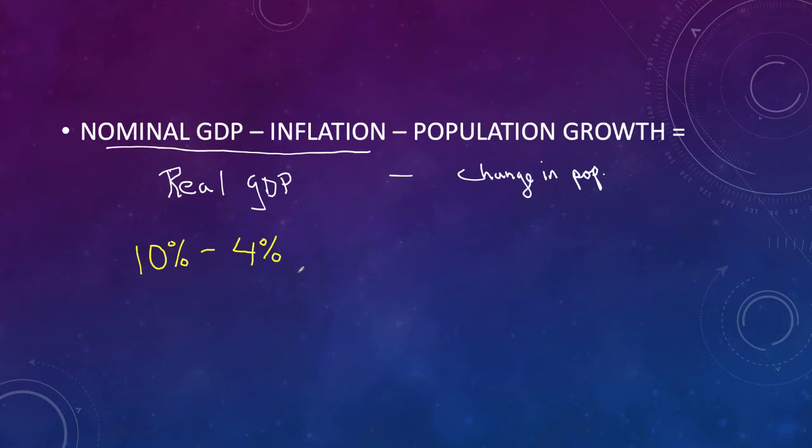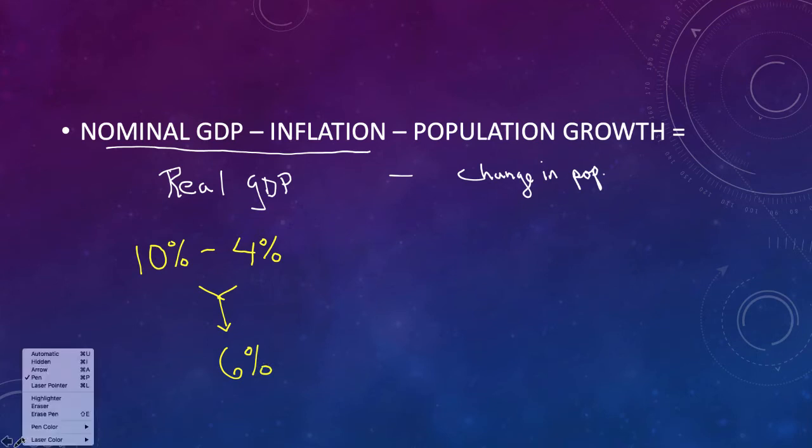So let's say that inflation is 4%. So to figure out the real GDP, we have 10% minus 4%, which gives us 6% real GDP, which isn't bad, but it's not 10%. Still, most countries would bend over backwards to get 6% GDP growth.